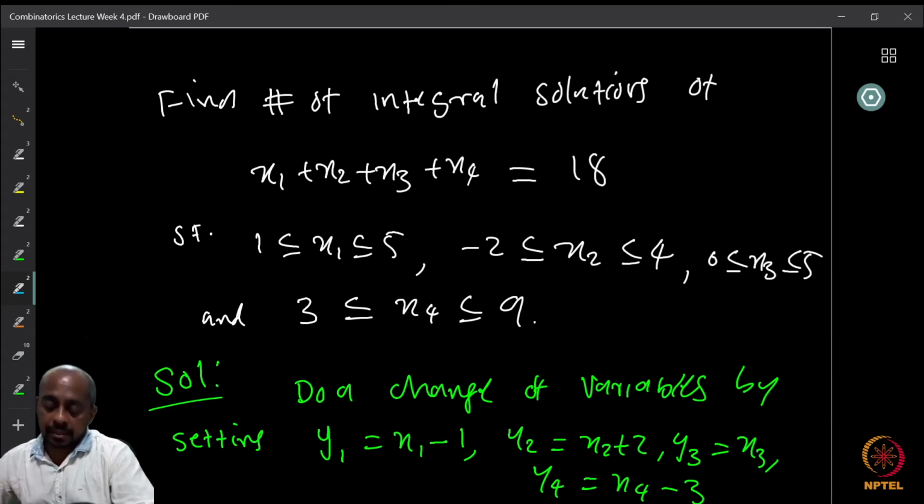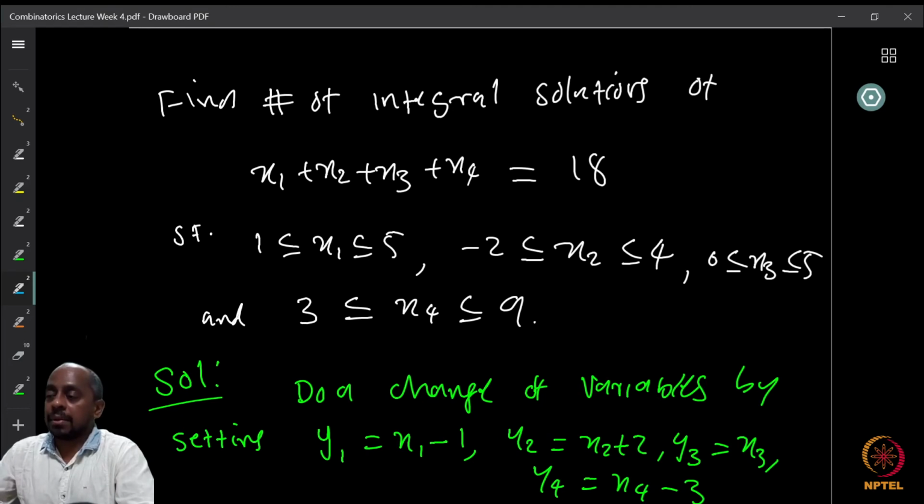So let us first do the change of variables as follows. x1 is ranging from 1 to 5, right? I want everything to be from 0 to something. So what I do is I will say that y1 is equal to x1 minus 1, right? And then y2 is equal to x2 plus 2, because I again want the left hand side to be 0. So -2 becomes 0. So y2 is x2 plus 2.